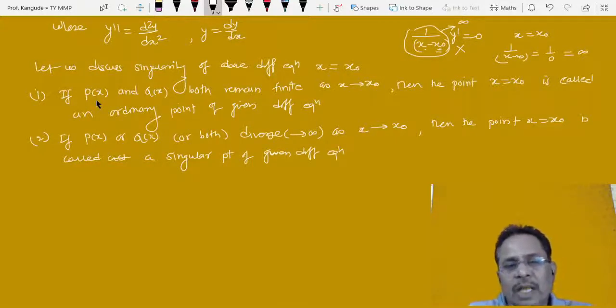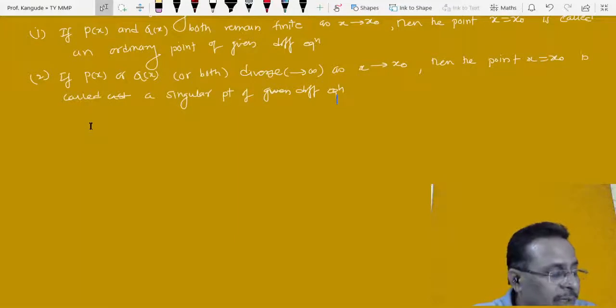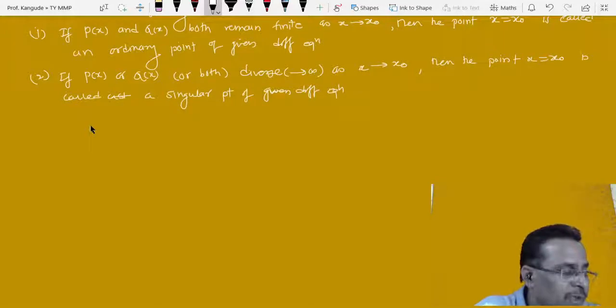So when I put x is equal to x0, either p of x or q of x or both become infinity. Whenever they become infinity, there is no use of solving this differential equation. We won't get any solution, as a term in that differential equation becomes infinity. Whenever such a situation occurs, that point x is equal to x0 is called a singular point, and this singular point can be classified further into 2 groups. There are 2 types of singularities.